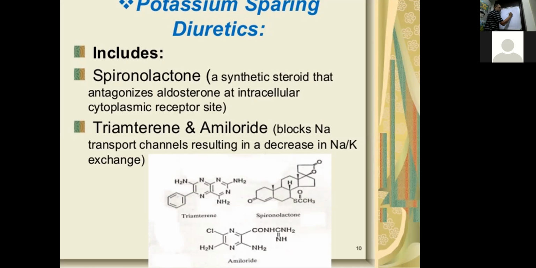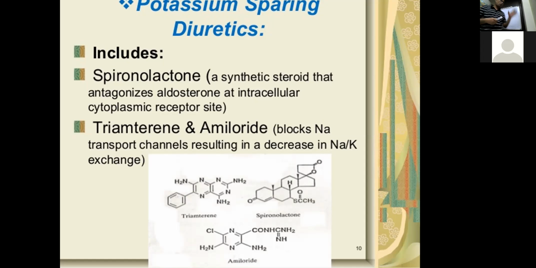This is A, B, C, D. The D ring contains a lactone, that is a 5-membered cyclic ester, and your B ring contains a thioacetate group.